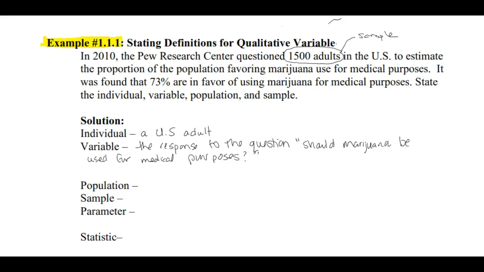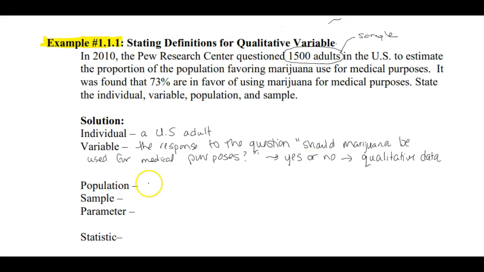And if we think about the answers to that question, the answers would be yes or no. So this would be an example of qualitative data. Because the responses to the question that we asked each individual is not a number. So we've got words for answers here.